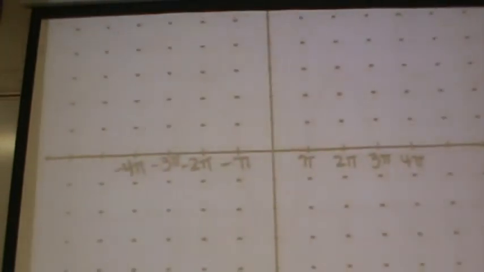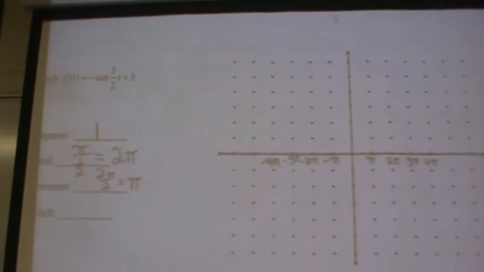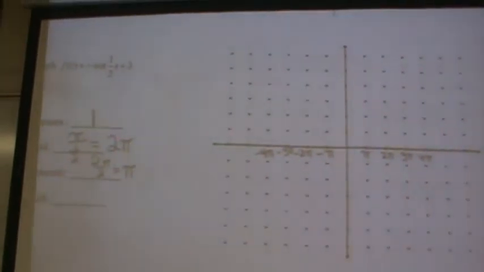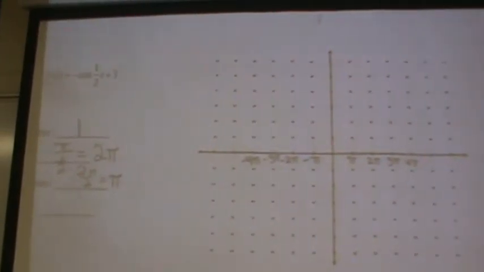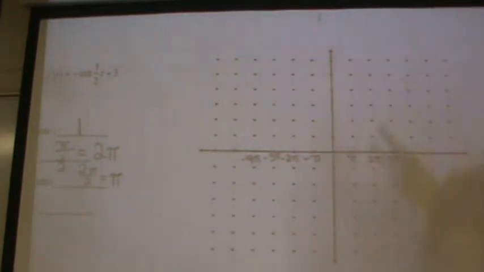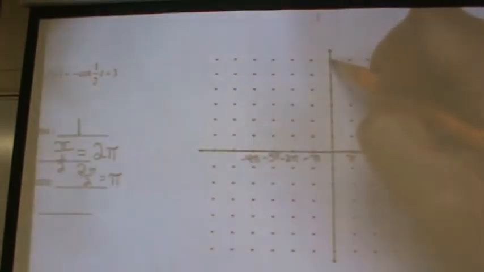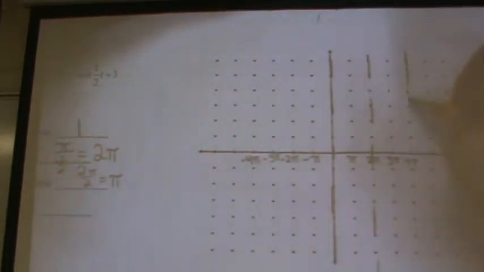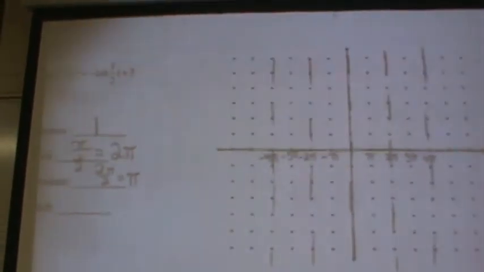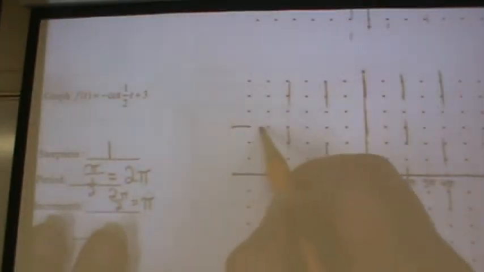Now, where were your asymptotes for cotangent? Would I put them here at -pi and pi? Where were the asymptotes when we did these cotangent ones? 0 and pi. At 0 right here, and at 2 pi, and at 4 pi, and at -2 pi, and at -4 pi. Now, this is a shift 3 units up, so we would have your new x-axis here.